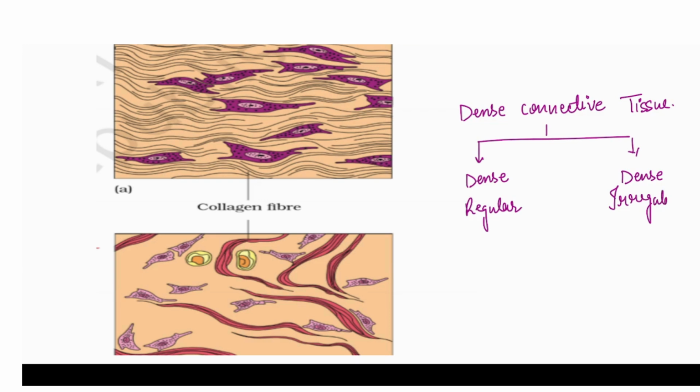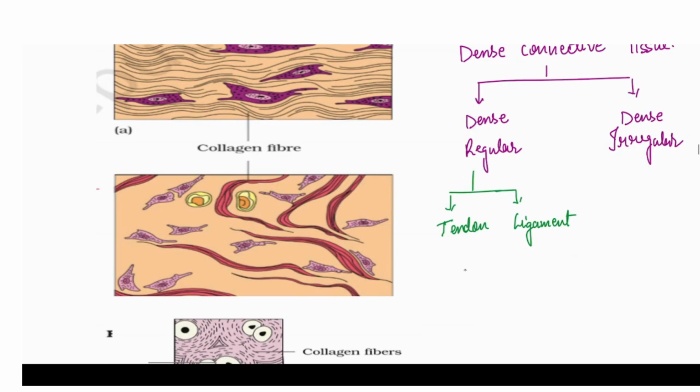So what is dense regular? Dense regular tissue actually has the tendon and the ligament. I told you in the last video also. So what is the meaning of the tendon and the ligament here?